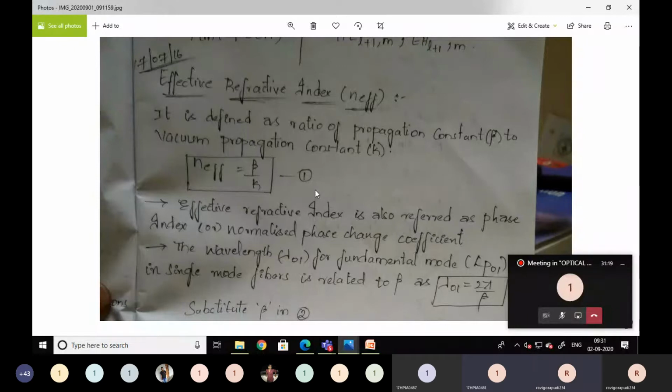Okay, then go for the next parameter, effective refractive index. Now this slide is visible.